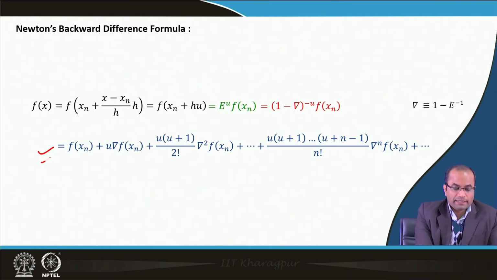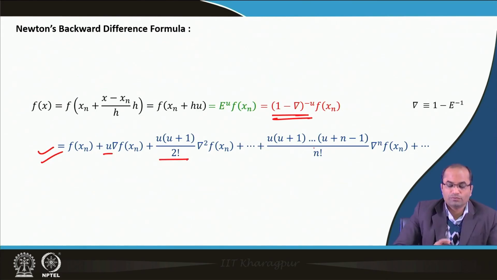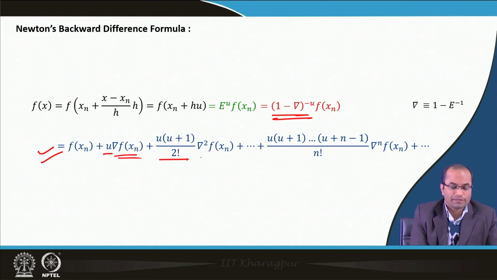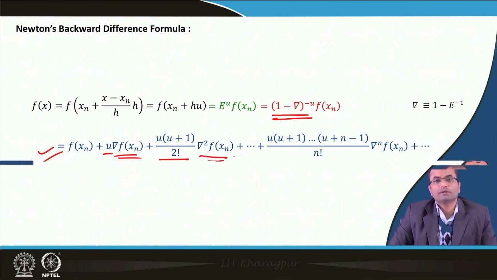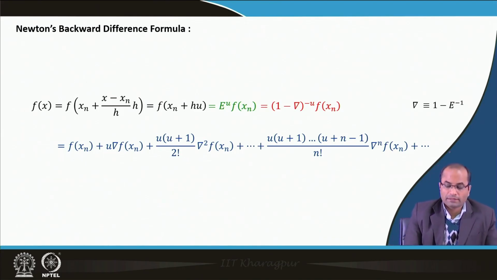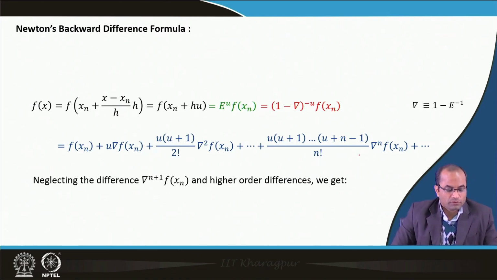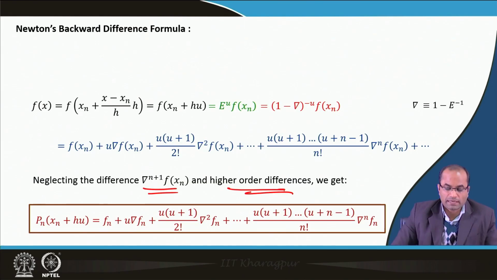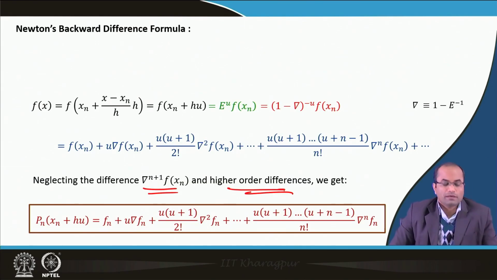So, again this expansion will lead to u plus 1 over factorial 2, u into u plus 1, and so on up to factorial n, and then we have these operators there. So, now we have the backward operators, and again truncating, or neglecting the differences of n plus 1 and higher order, we will get exactly the formula which we are looking for.